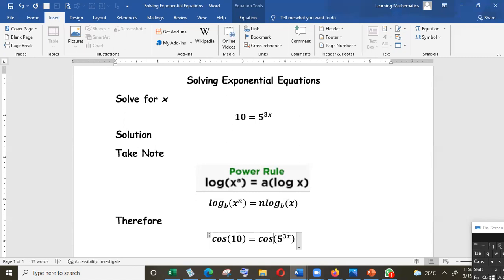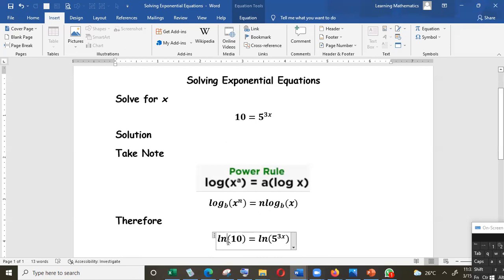And we know what COS stands for, cosine. So if I write LOG in front of 10, I have to write LOG in front of 5 raised to the 3x. And LOG now, that's the base of 10. I can also write LN. If I write LN, I have to write LN in front of 5 raised to the 3x. LN is LOG to the base of e. Okay, remember that. Here I can use either LN or LOG because it doesn't matter what the base is, once it's the same.